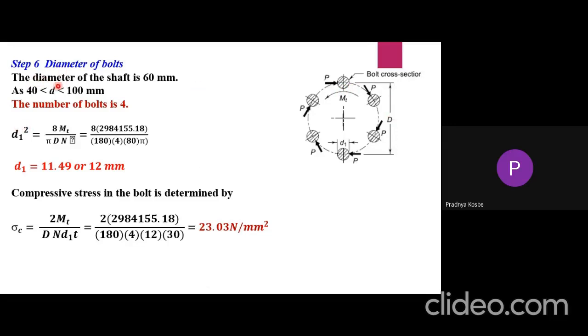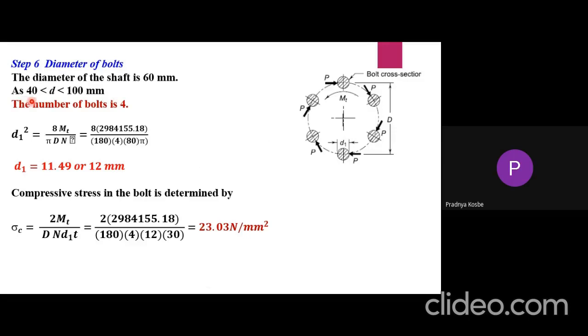As the diameter of the shaft is 60 mm, there is a range given, and according to that we will select the number of bolts.